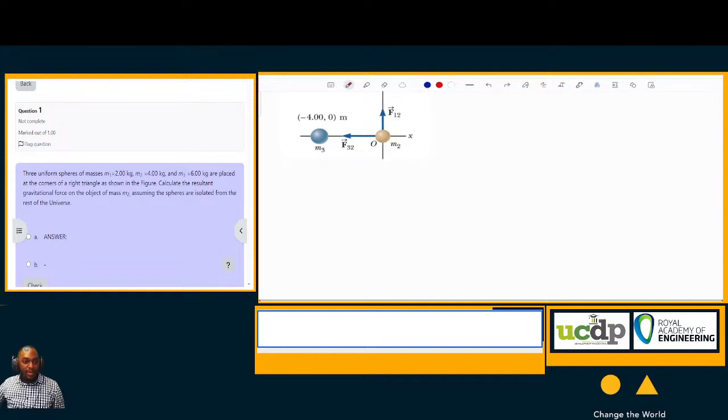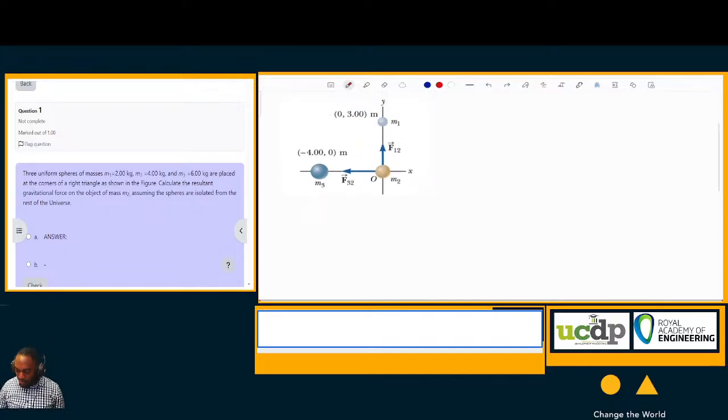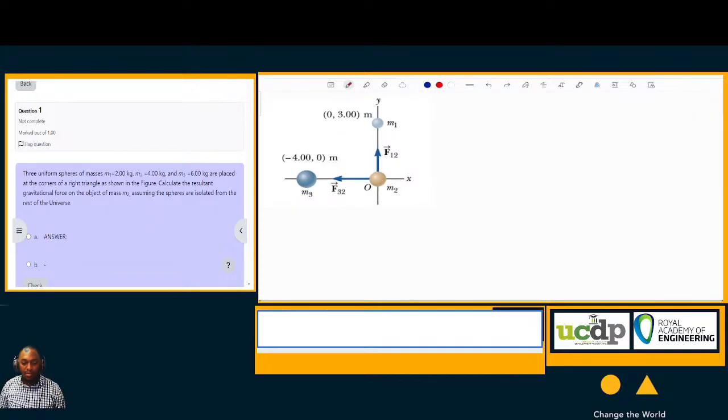So I'm already showing the first question, and this question is on Newton's law of gravitation. The question reads: three uniform spheres of masses m1, m2, and m3 are placed at corners of a right angle triangle as shown in the figure.